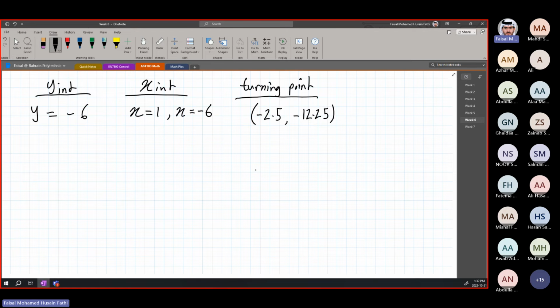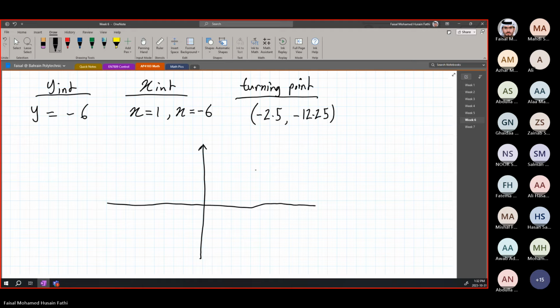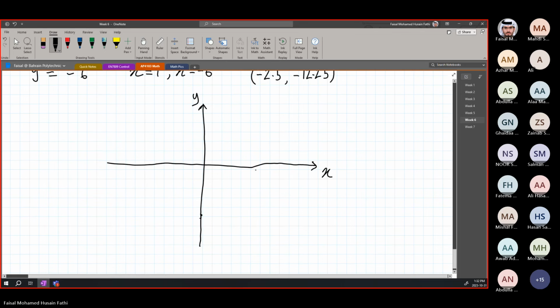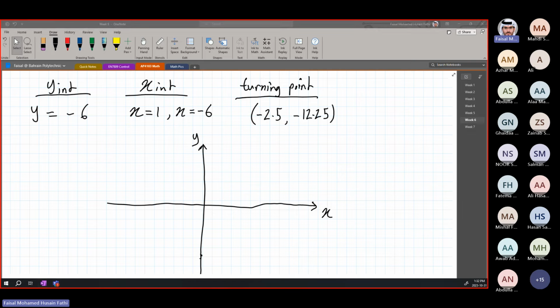So now if you want to plot, this is our x-axis and this is our y-axis. We first plot the intercepts. We found the intercepts, so we can start plotting them.